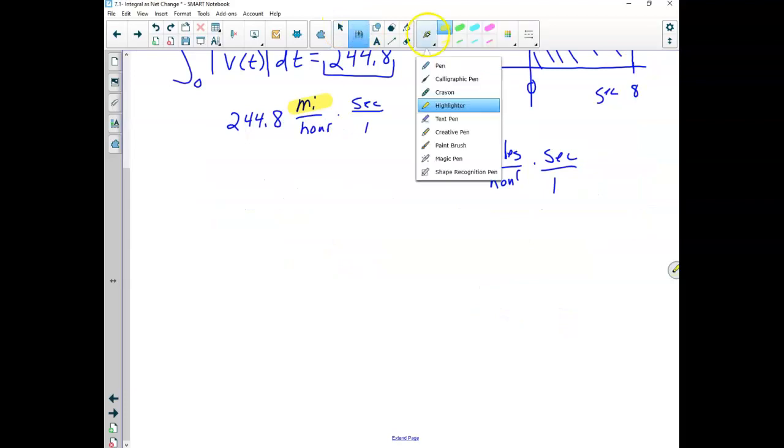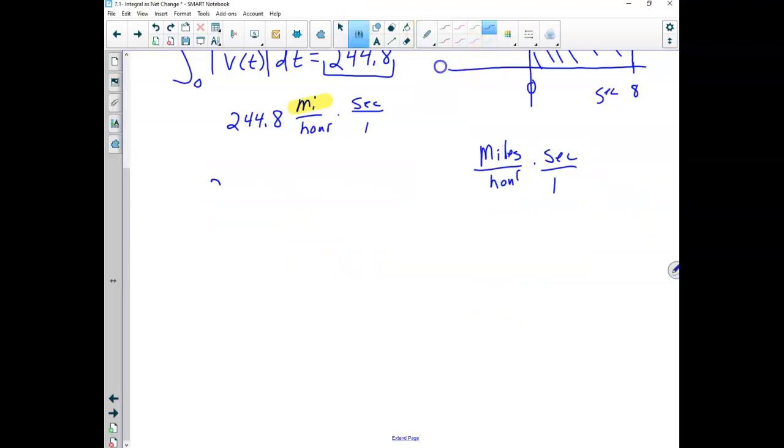So what am I going to do there? Well, I want my 244.8. I got miles per hour. And what do I need to multiply this by? I want to kill my hours. Oh, hold on, that's bad, Bill. I want seconds over 1. So first and foremost, I need to get rid of hours, so I'm going to multiply by 1 hour here.